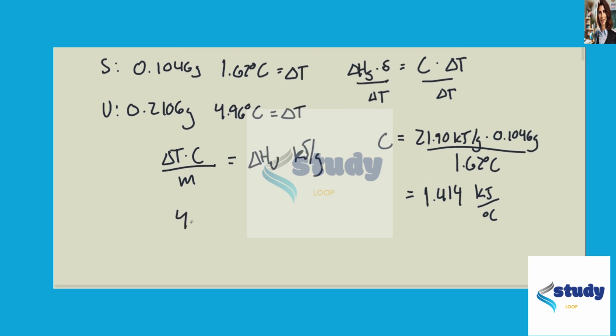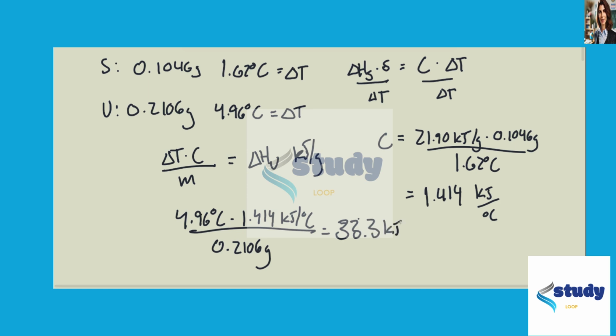Okay, so 4.96 degrees C times our calorimeter constant of 1.414 kilojoules per degree C over our 0.2106 grams. 4.96 times 1.414 divided by 0.2106, I get 33.3 kilojoules per gram.